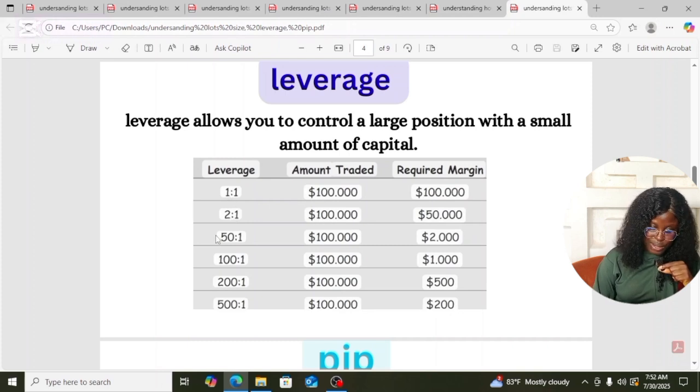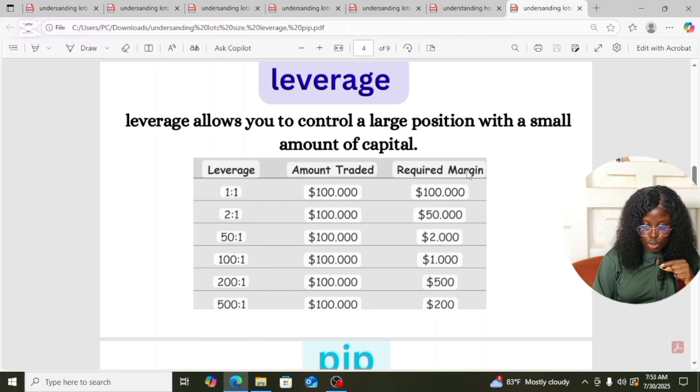The way it's written, it's supposed to be written like 1:2, not upside down. 1:100, 1:50, 1:200. It's not 100:1. 1:500. Okay, so that's the normal way leverage is given: 1:1, 1:2, 1:50, 1:100, not 100:1, 1:200, 1:500.